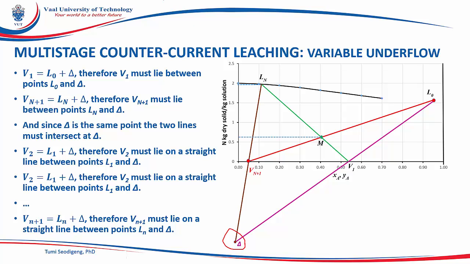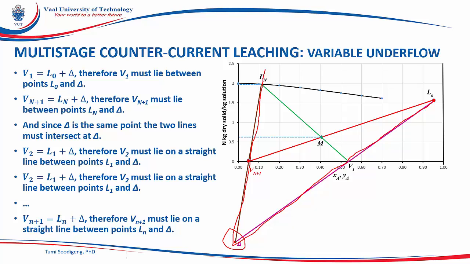This point can be located graphically as the intersection of the extensions of line L0 V1, which is this line here, and that of line Ln Vn plus 1. Where they intersect will be the location of our operating point delta.